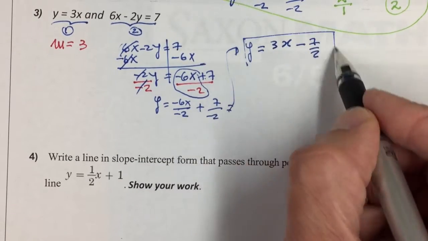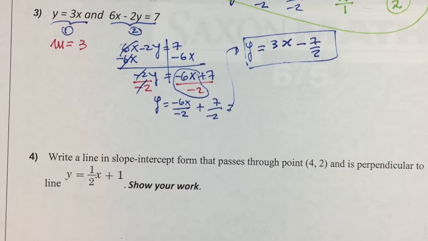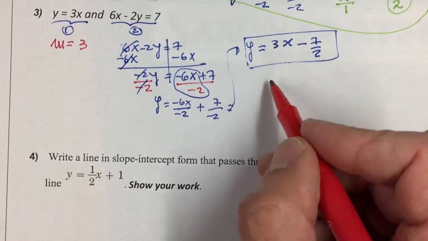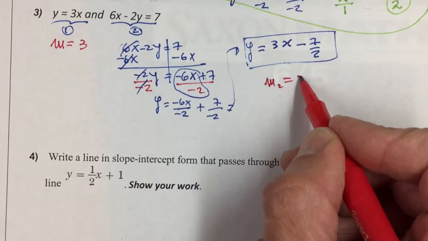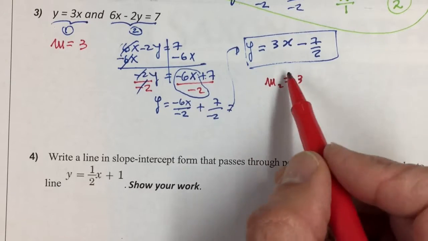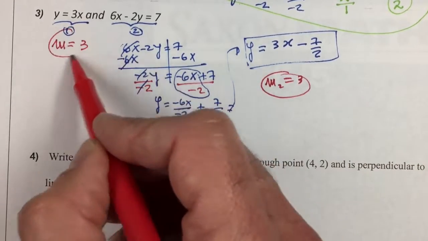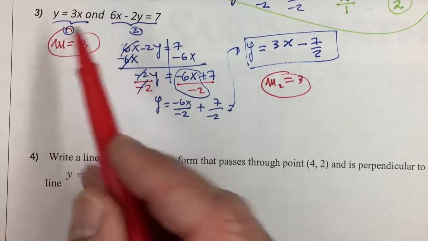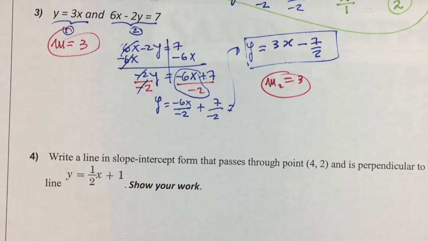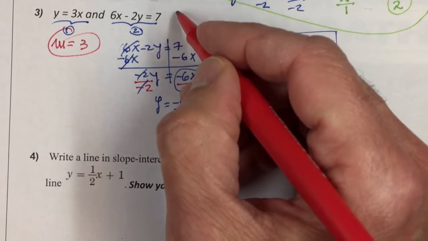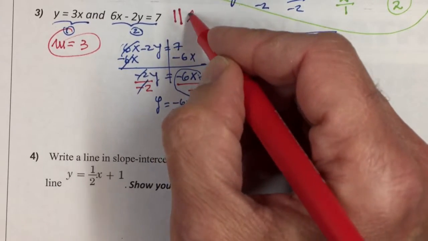So in this case, my slope of the second, m2, equals 3. Oh, what a coincidence. This is 3, and the first is 3. So both lines have the same slope. That means that both lines are parallel.